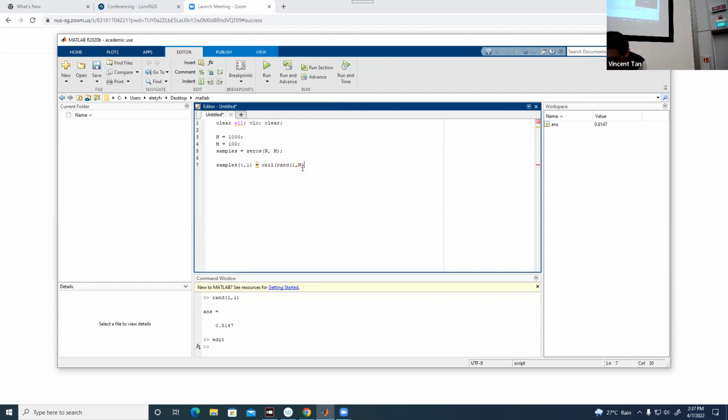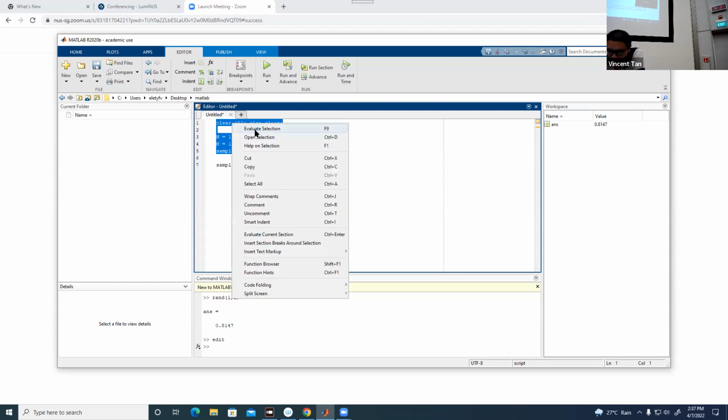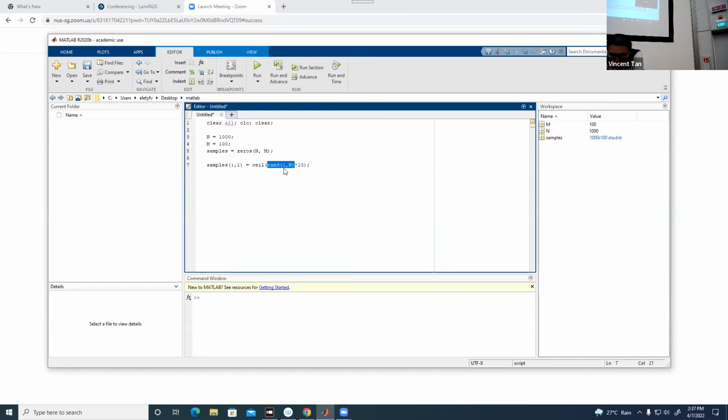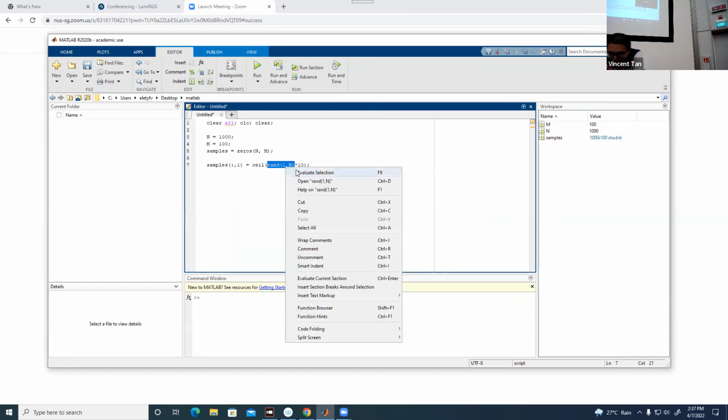I do not know whether you know all these things or not, but this is a random number generator. Here I'm generating N numbers, capital N, which is 1000 numbers in the interval 0, 1. So let's see what this evaluates to.